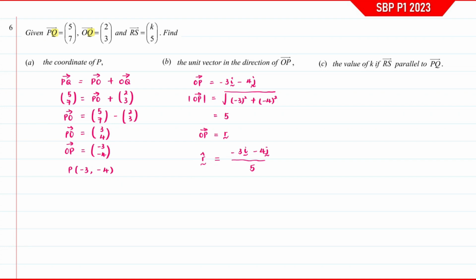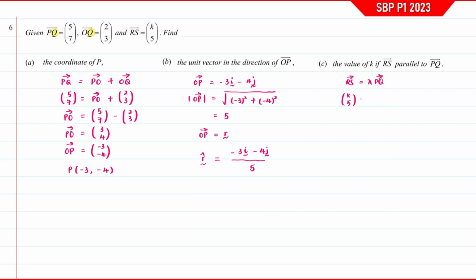C. Find the value of k if vector RS is parallel to PQ. So if two vectors are parallel, then one vector is the product of a scalar with another vector. So here we can write vector RS is equal to lambda vector PQ.